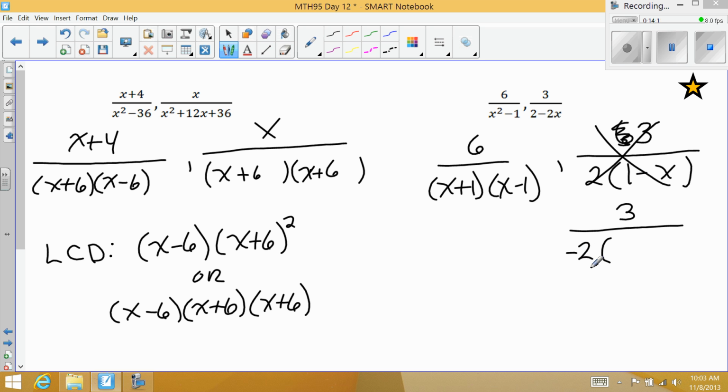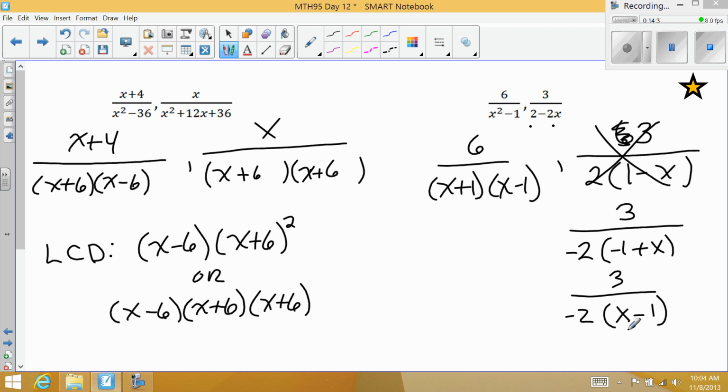If I take a negative 2 out, negative 2 times the negative 1 gives me the positive 2 I had here to begin with. And negative 2 times the plus x would give me the negative 2x that I had here to begin with. So if I rewrite this, I have negative 2 times negative 1 plus x, which is equivalent to x plus negative 1, which is x subtract 1.